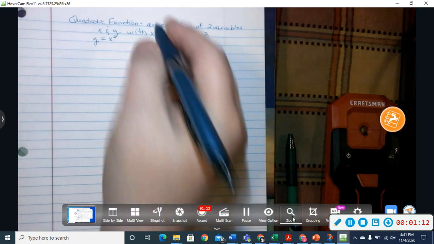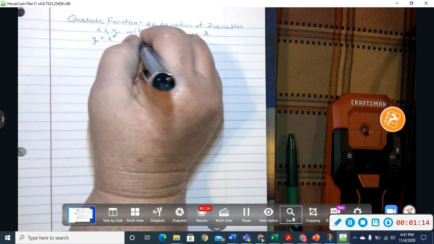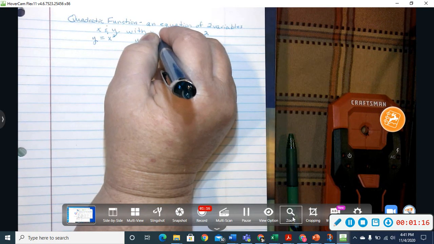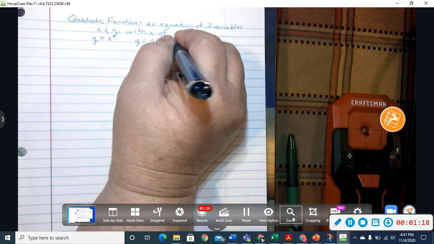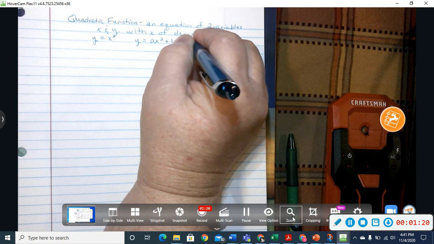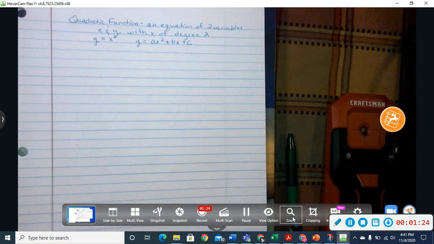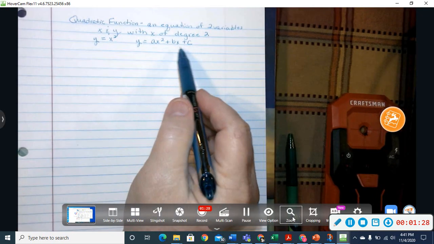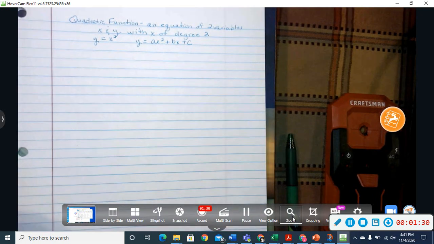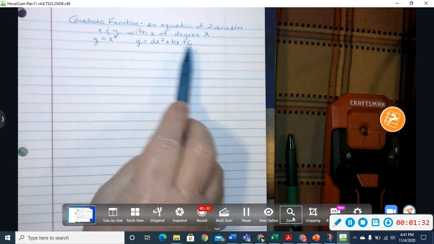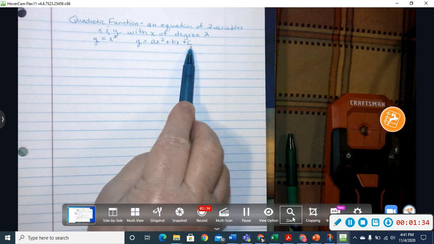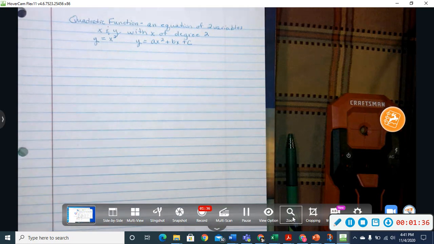And of course that varies to y equals ax squared plus bx plus c, where a, b, and c are all usually non-zero values, and they are coefficients of the terms. But when b and c are 0, we get the base equation y equals x squared.